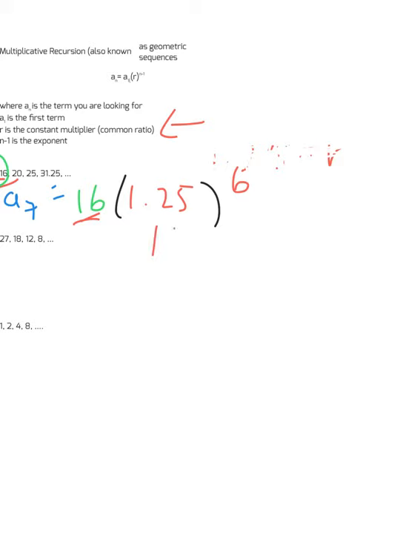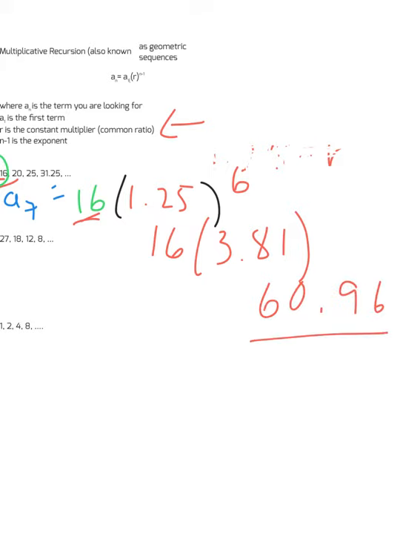And that's going to give you 3.814697266, but just go to the hundredths place. And then you're going to multiply that by 16, and you will get 60.96. So it's going to be much easier for you if you do this first and then multiply by 16.